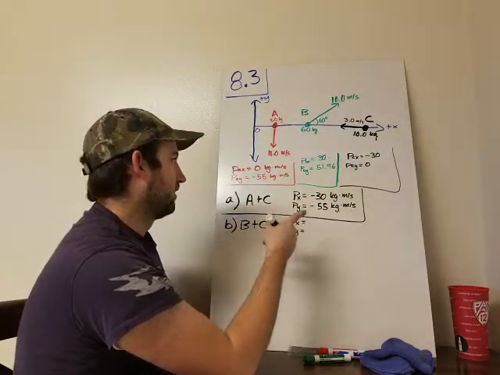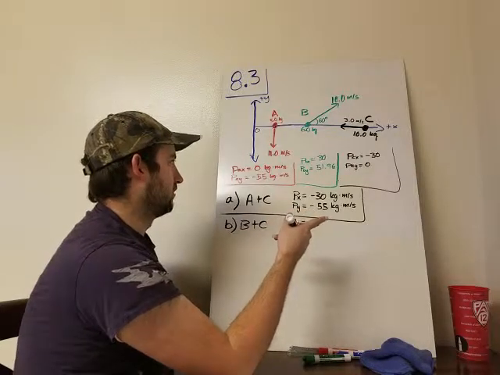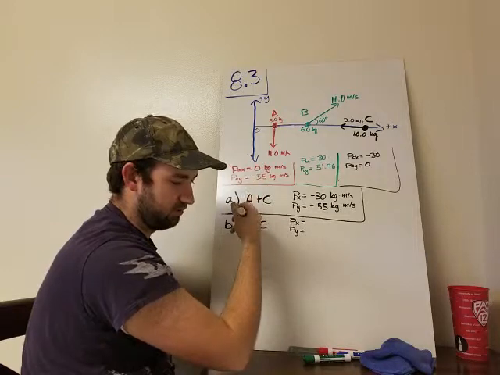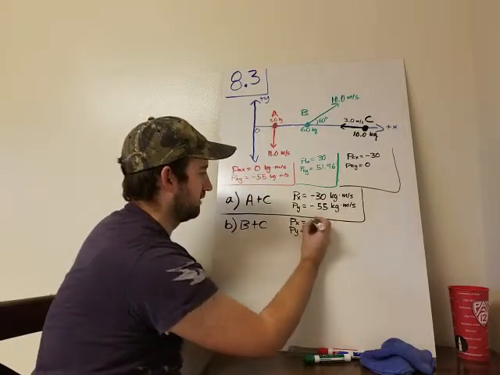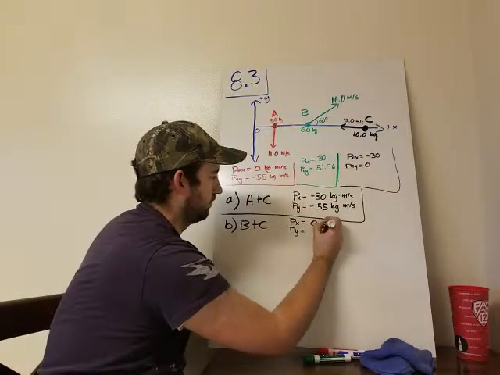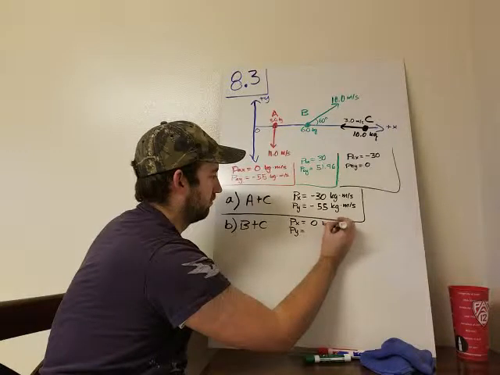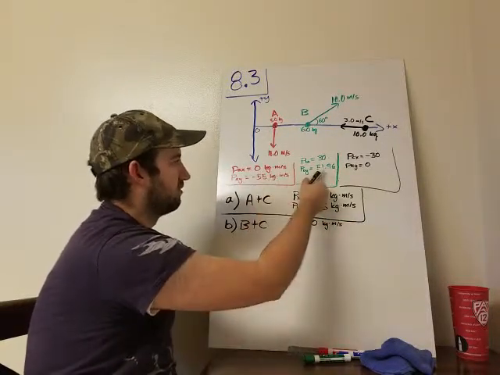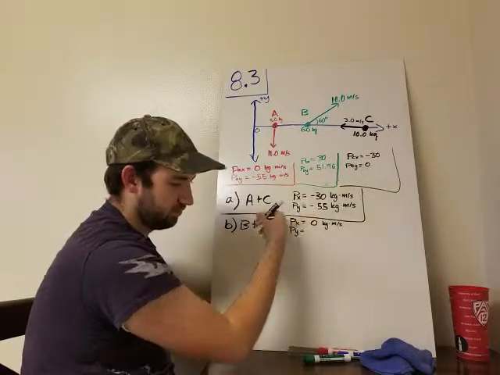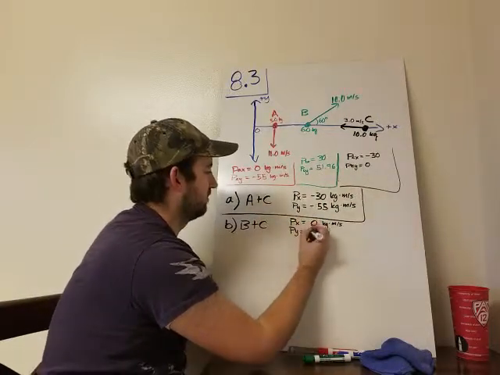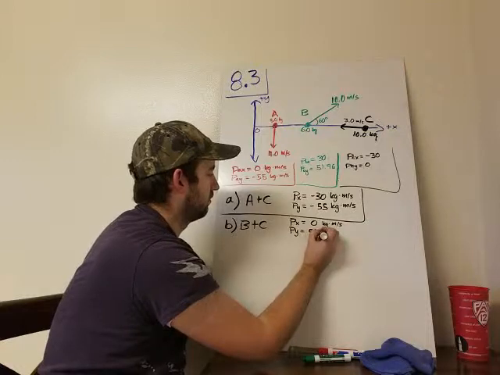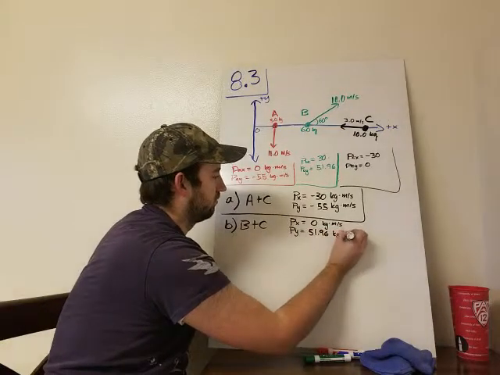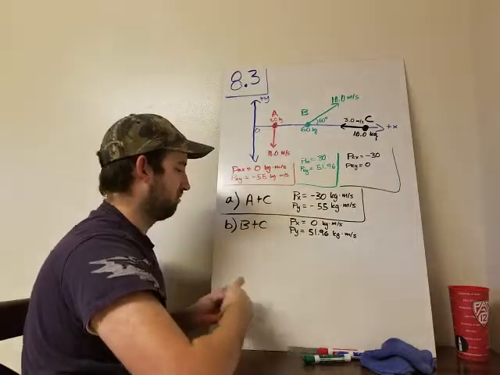So the x component of the net momentum is going to be 30 plus negative 30. When we add those together, it's just 0. The y component is going to be 51.96 plus 0. So we get 51.96. And that's it for part B.